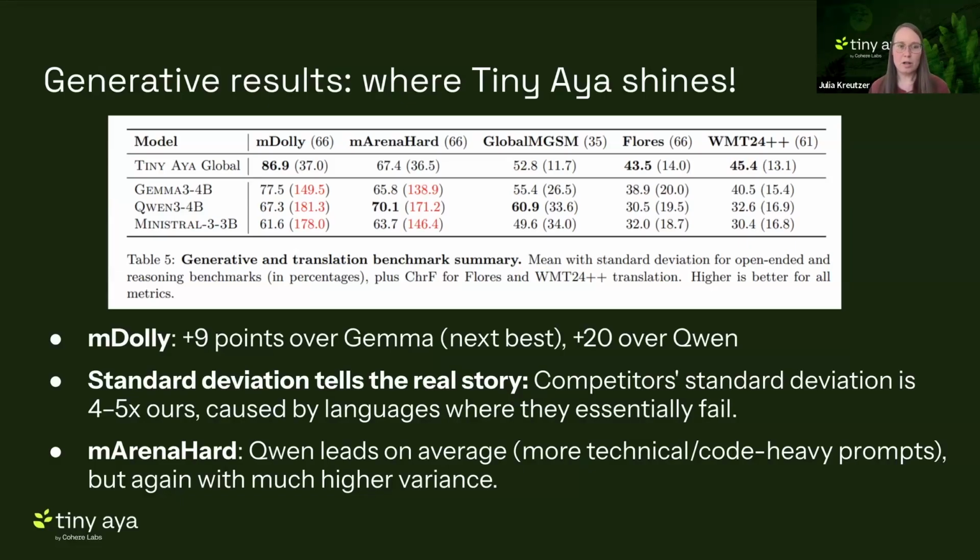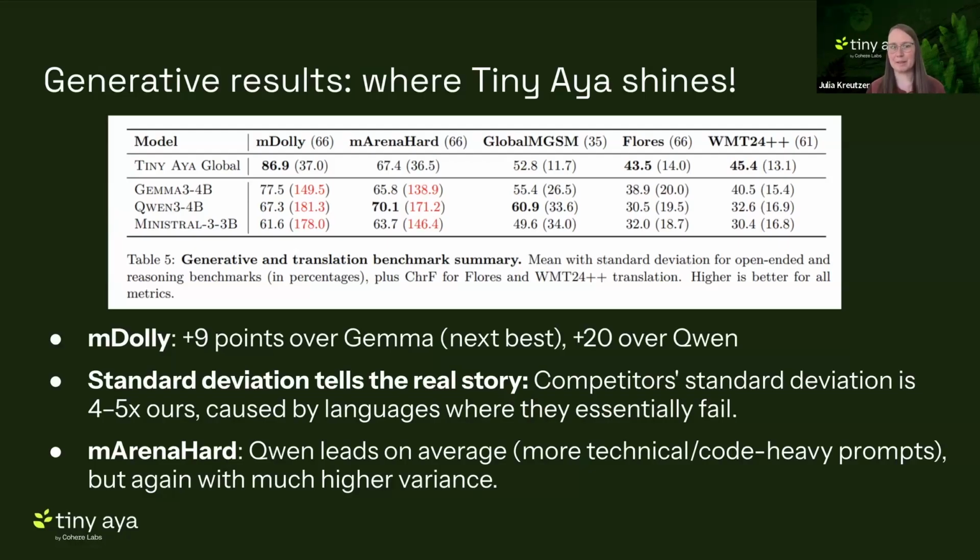So on Dolly, we perform really well, far ahead of the competition. And for Arena Hard, we can see that Quen is still leading. It tends to be slightly better in the coding task, but you see the variance is very high. So there might still be languages where we win, but it's not captured in the average.